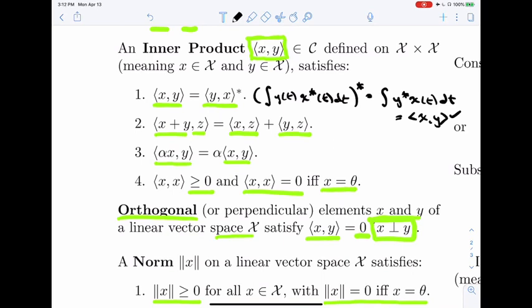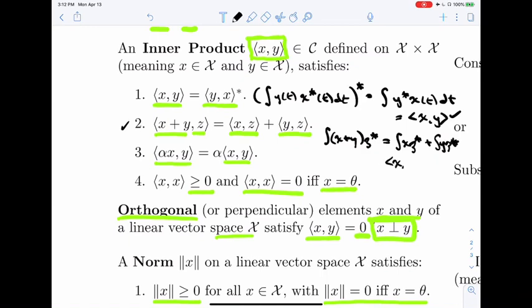In the same sort of way, I can easily show this second property as well. That would be an integral of what? I would have x plus y, I'm going to leave the t's off here, and then I would have z conjugate. But integration is a linear operator. So this is an integral of x z conjugate plus an integral of y z conjugate, right?